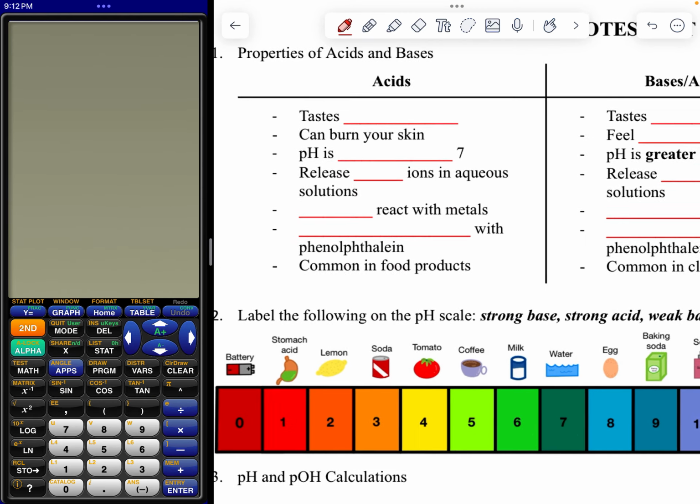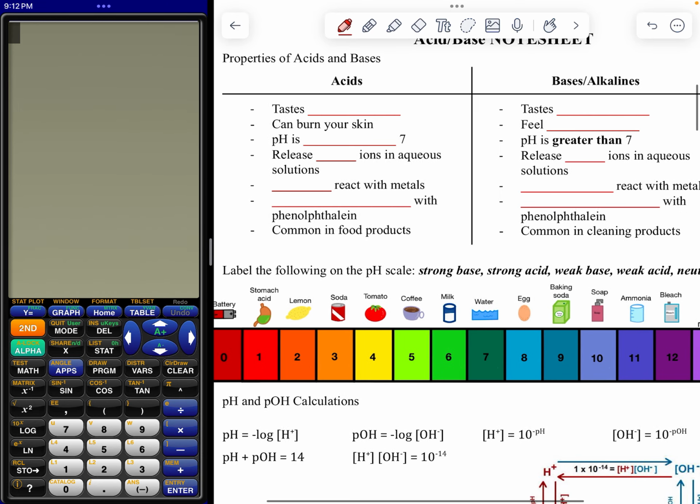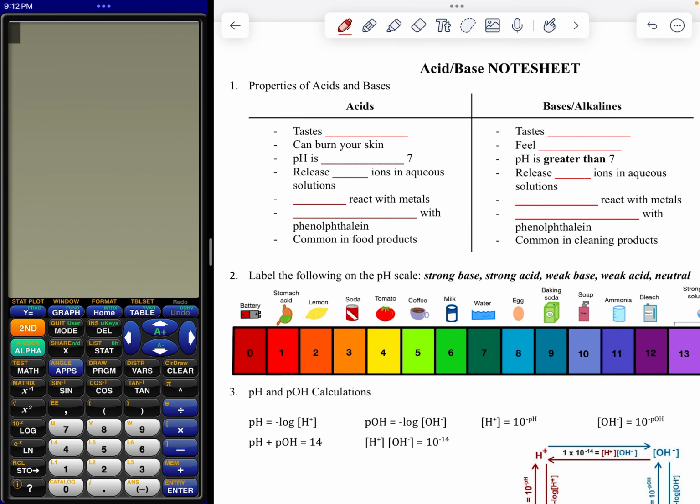So when we talk about properties of acids and bases, a lot of your questions were based off of this. What is a base? What is an acid? For acids, they actually taste sour. And you're like, why are you saying how it tastes? We can't eat our chemicals in the lab. And you are right.